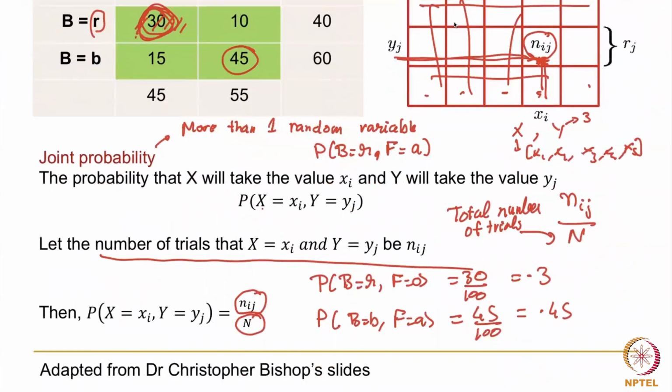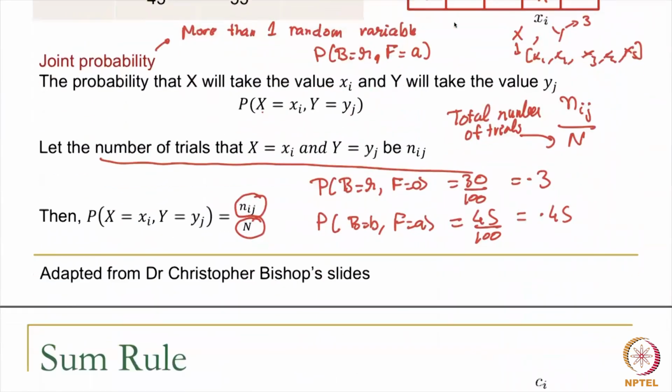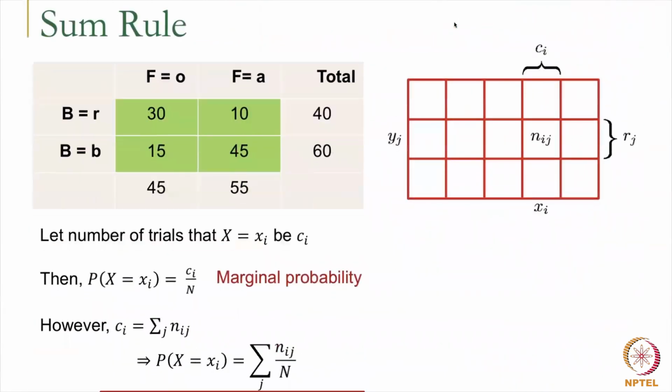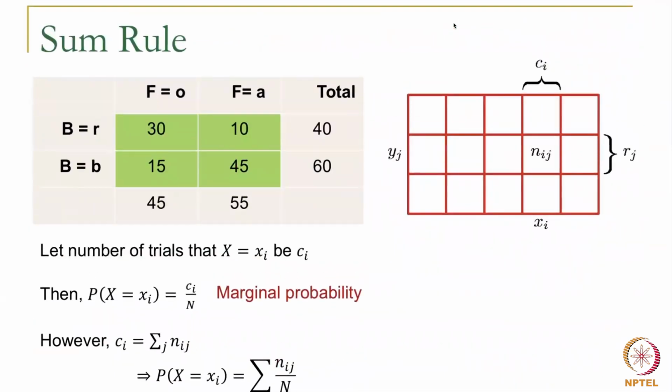So once joint probability is there, we can also talk about something called the sum rule and the marginal probability. The sum rule is a very simple thing. The idea is this: we want the number of cases where x equals xi.